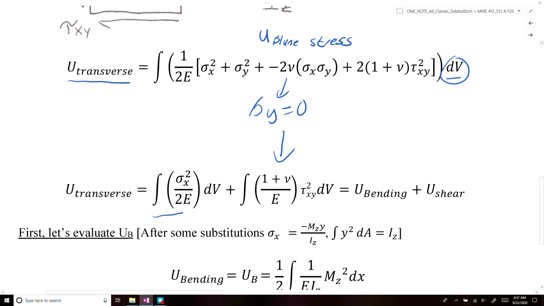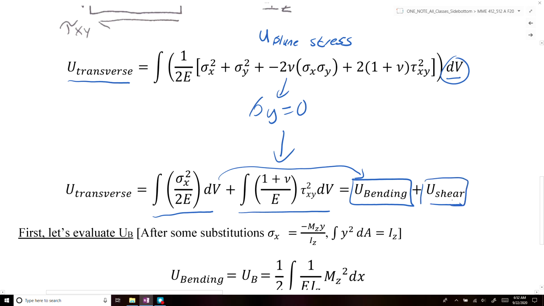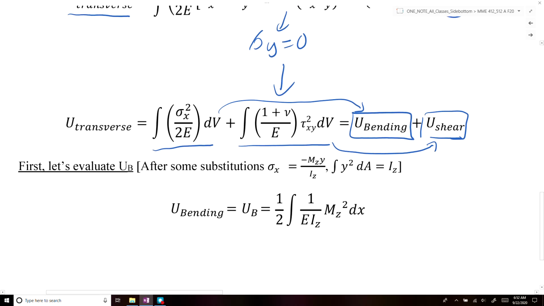We'll get one equation that's just a function of sigma x, and one equation that's just a function of tau xy. So we'll get our strain energy due to bending and our strain energy due to shear. We're going to separate out these two strain energies. We're first going to start with the bending strain energy.